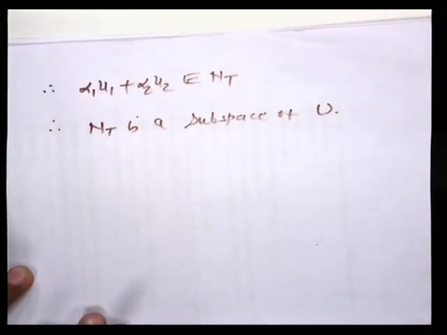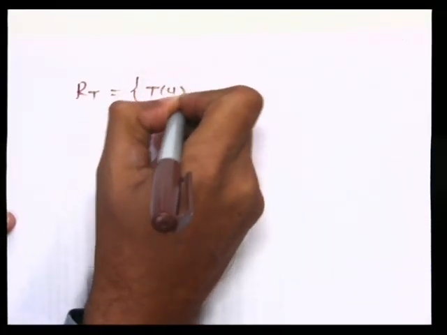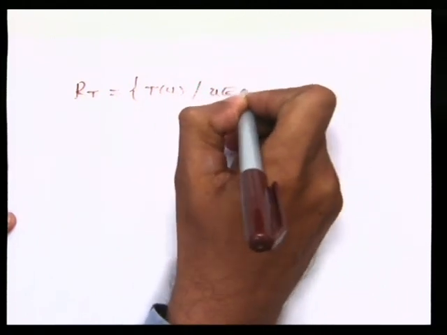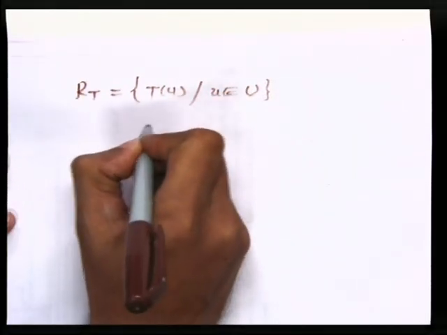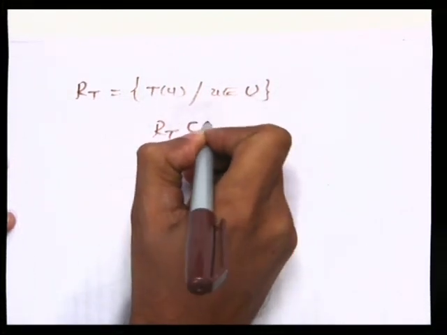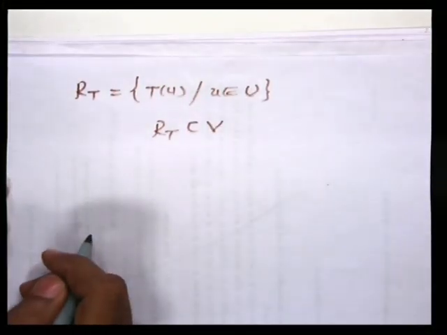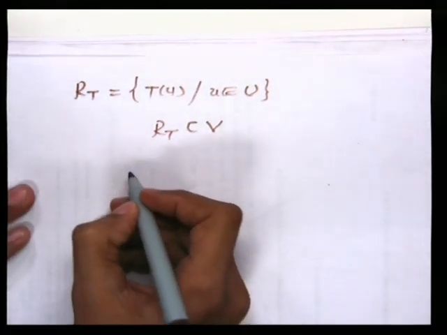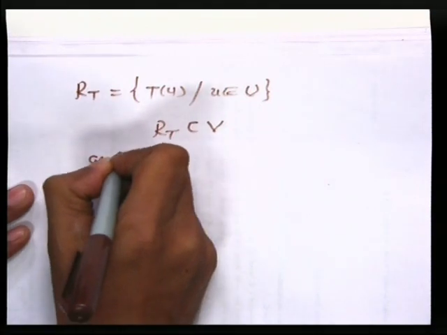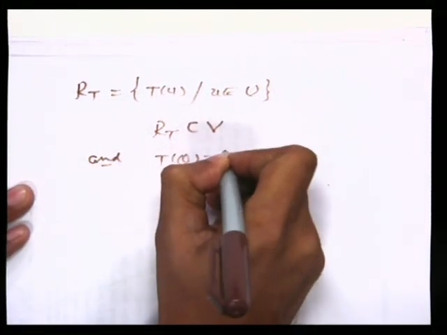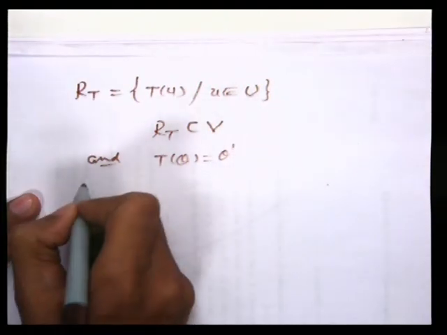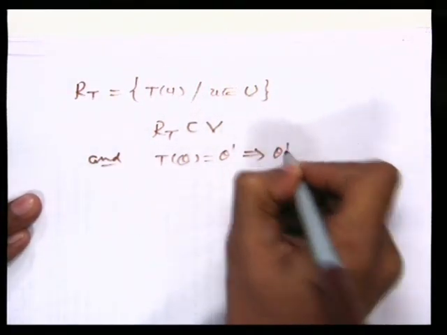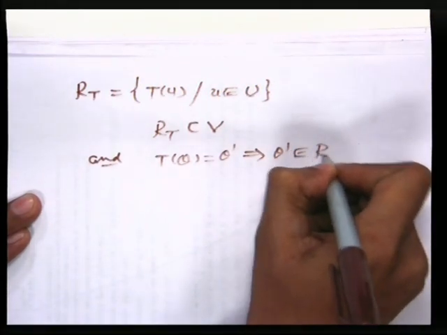Now we prove the second. The set RT is also a subspace of V. Here RT is the set of vectors T of u where u belongs to U. So obviously RT is a subset of V, the codomain space, and T of theta is equal to theta dash, so theta dash belongs to RT.